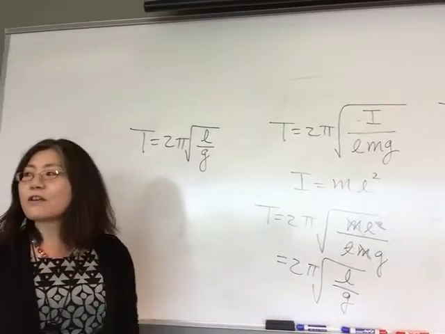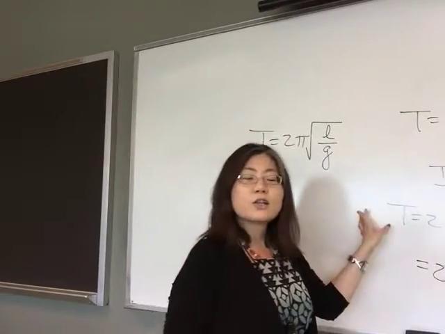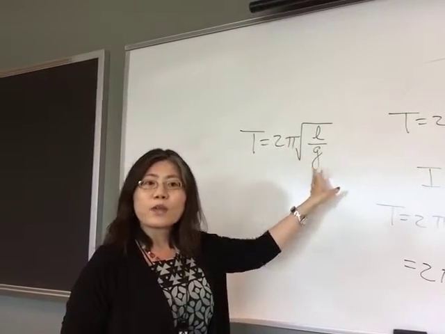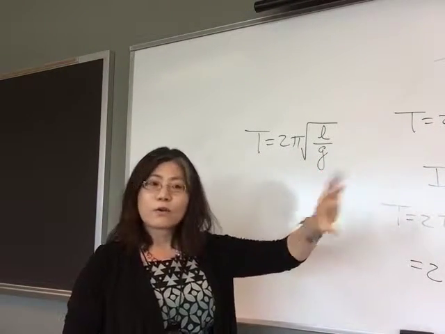Plug into this equation, and you can find out what the g value is. As we mentioned, the g value may not always be 9.8. It really depends on the geographical location and all that.